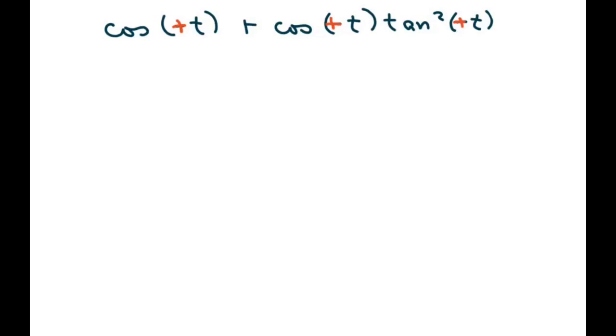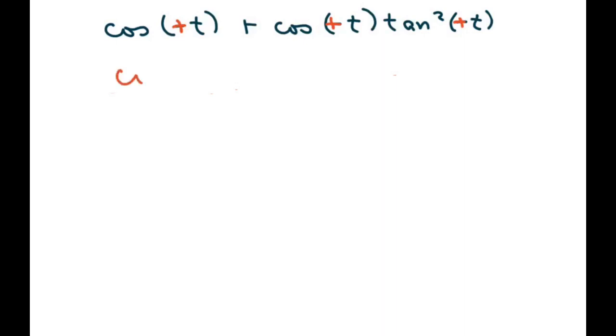So now I'm just going to simplify this. Well, first of all, I can factor out a cosine. You can do these in different orders. Well, no, I don't want to do that yet. That's a bad move.